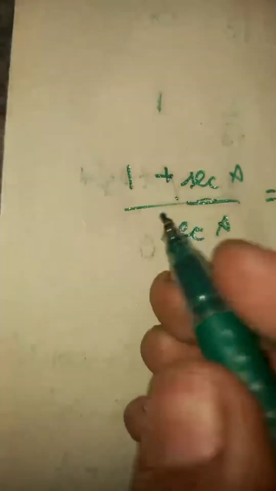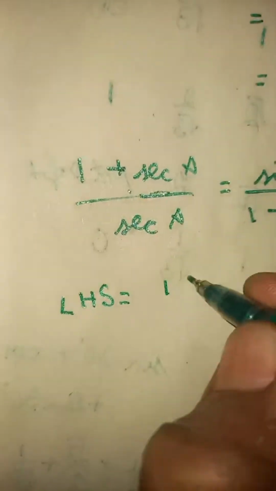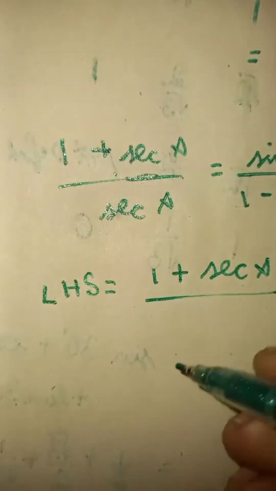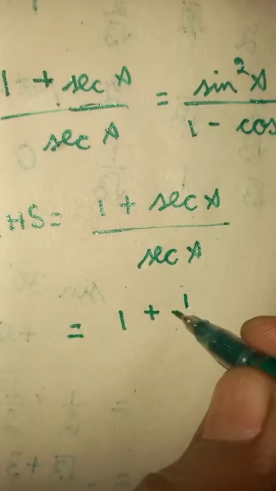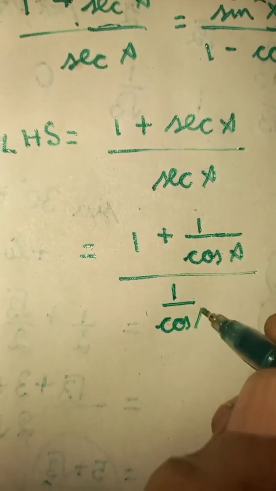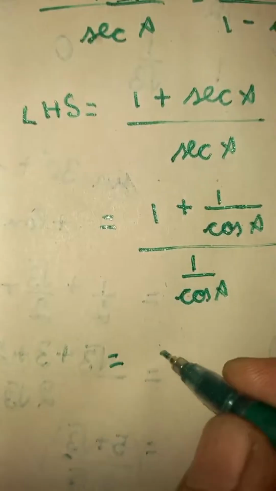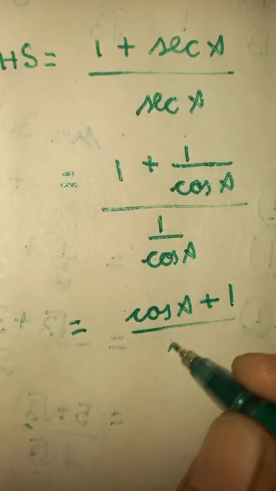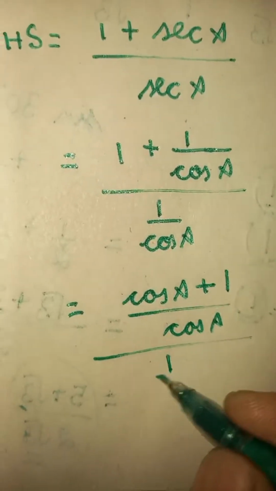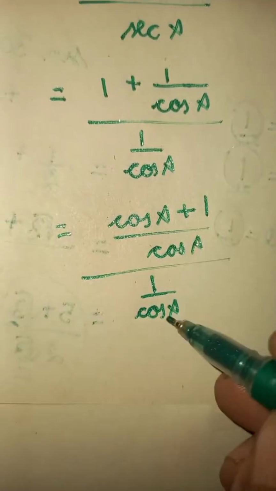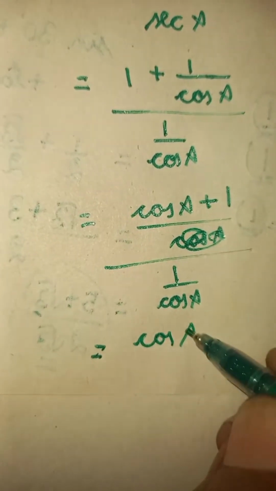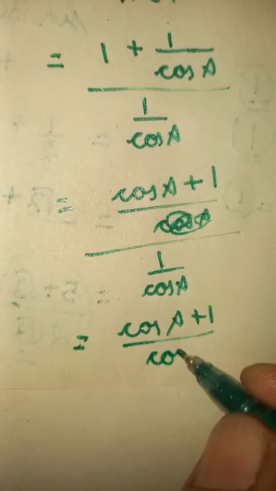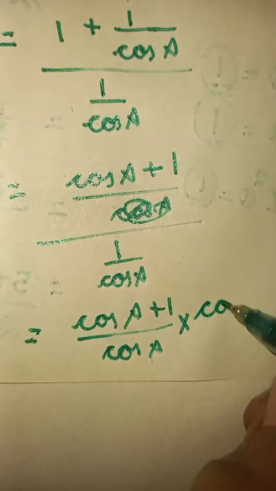Let's take LHS. This LHS you need to simplify, that is 1 plus secant A by secant A. You can write 1 plus secant A as 1 by cos A divided by this one as 1 by cos A. This one comes above, it becomes cos A plus 1 by cos A, and this is also 1 by cos A. The denominator of the numerator comes below as cos A plus 1, and the denominator of the denominator comes to the numerator.